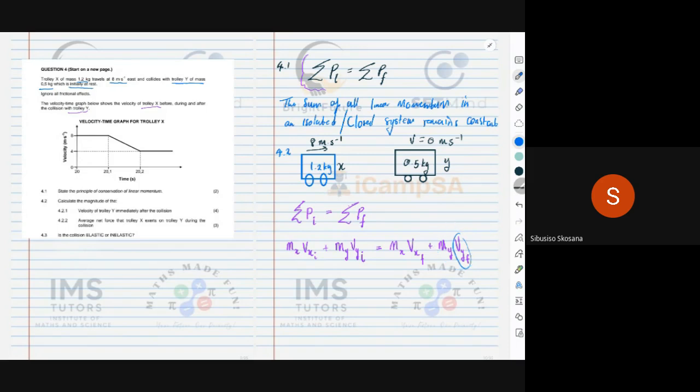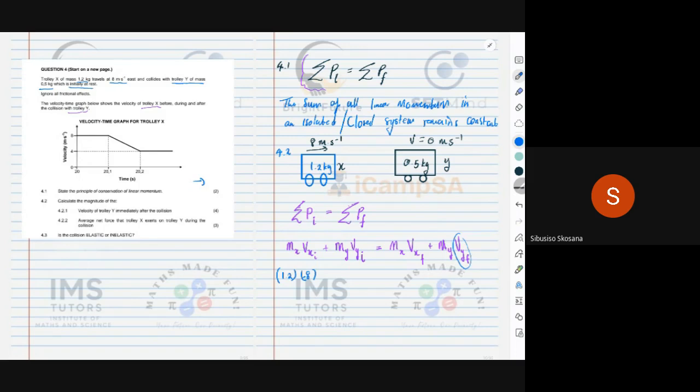Okay, now let's move. For x, our mass is 1.2. Velocity initially is 8. Remember, they said it travels at 8 to the east. Now if we're taking east as negative, then we need to put a negative on our velocity here.